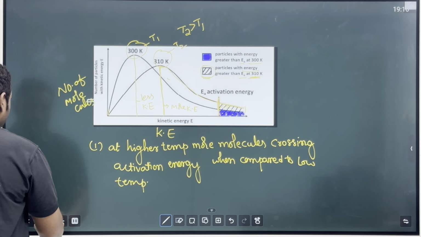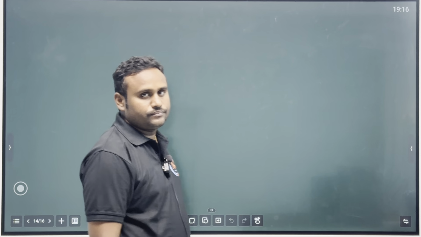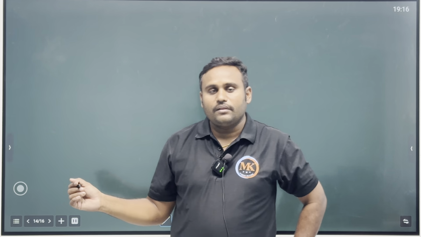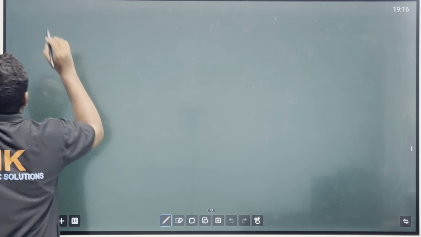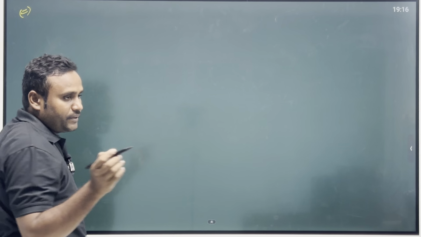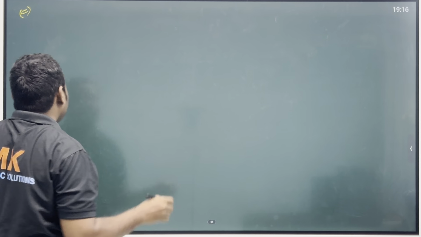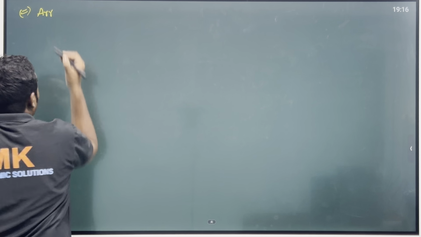Now let us use the Arrhenius equation to give clarity on the temperature. We are going to discuss the Arrhenius equation at different temperatures. So what is the Arrhenius equation here, children?